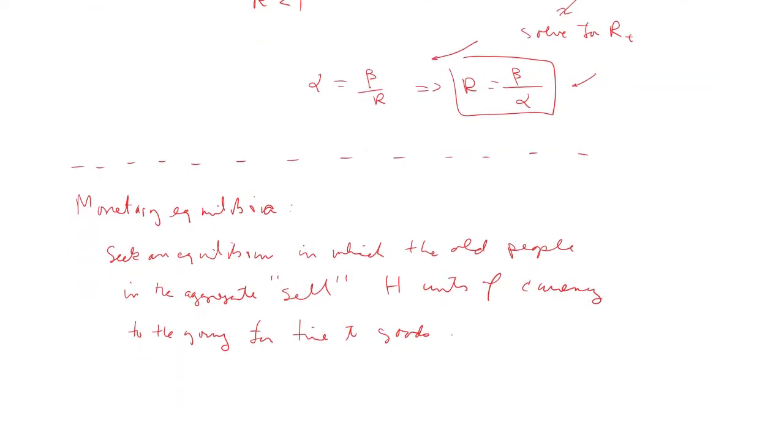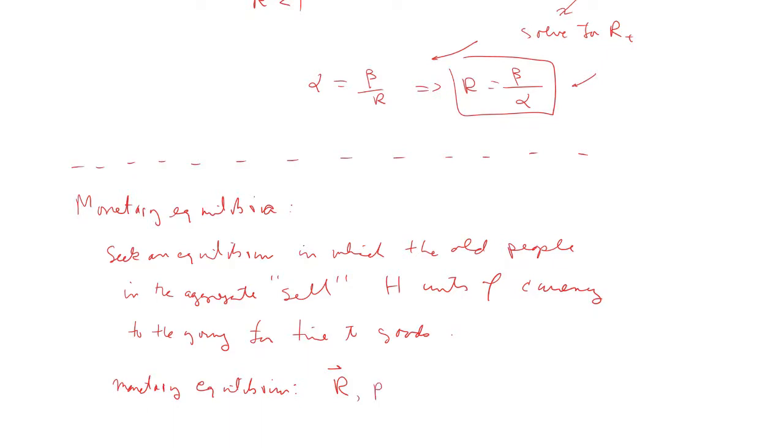Okay, so what we're going to seek, we're going to define a monetary equilibrium. It's going to be some sequences now. And what's it going to be? I'll just let a sequence be, if I put a vector above it, it means it's an entire sequence from t equals 1 through infinity.